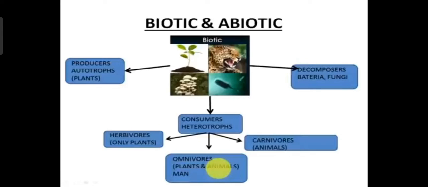So man is an omnivore. We are omnivorous because we eat animals also and we eat plants also. Carnivorous consumers are those which will eat only animals, like lion, tiger. So these are carnivorous animals, right?